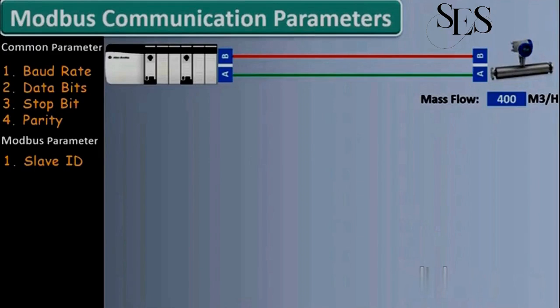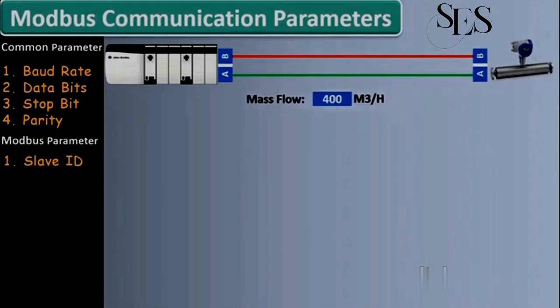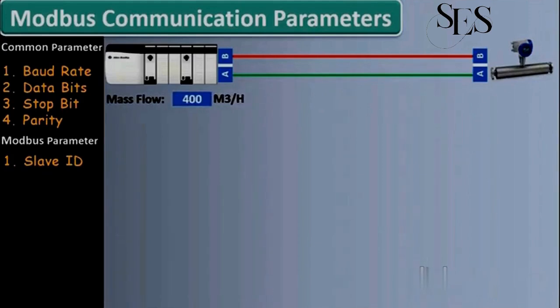For example, as you are seeing, let's suppose the real-time mass flow value on the flow meter is 400 meter cube per hour, and we want this data on our master device after the communication is established. Basically 400 is the data.